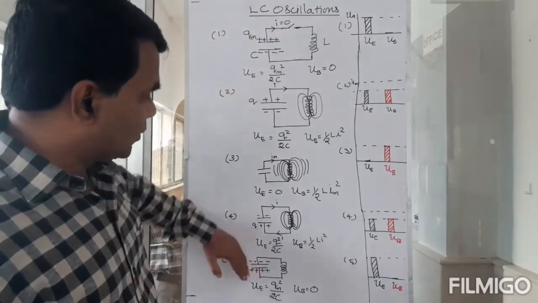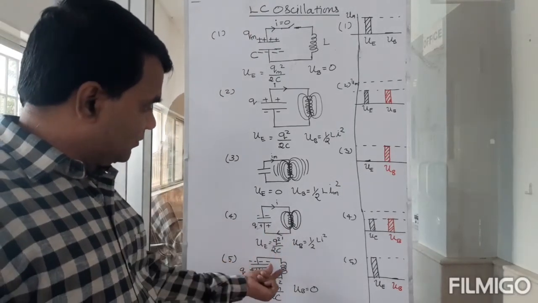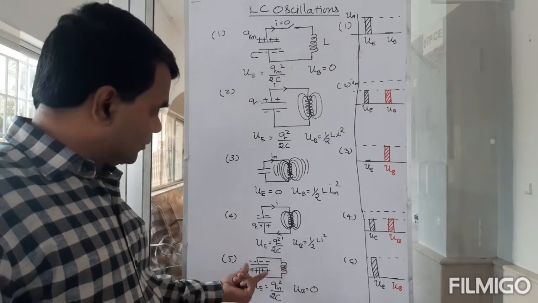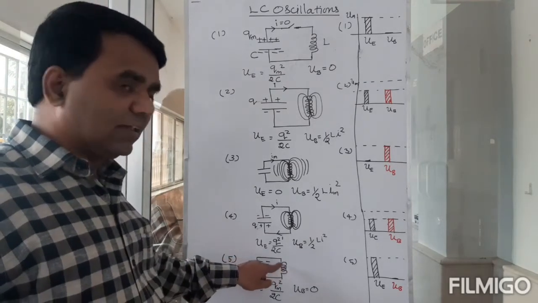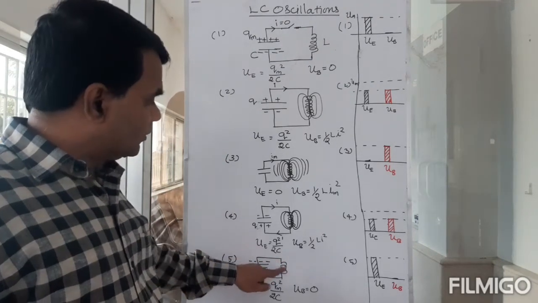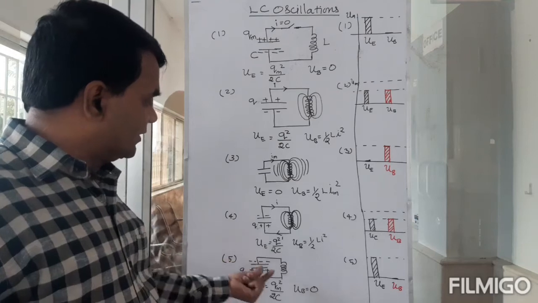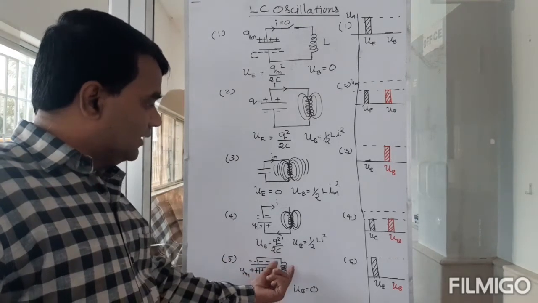The same thing will happen in the opposite direction. There is no potential here, so you have charged it to the maximum, then this will start pushing the current this way. Then it will lose this energy, and then the current will start going in the opposite direction.